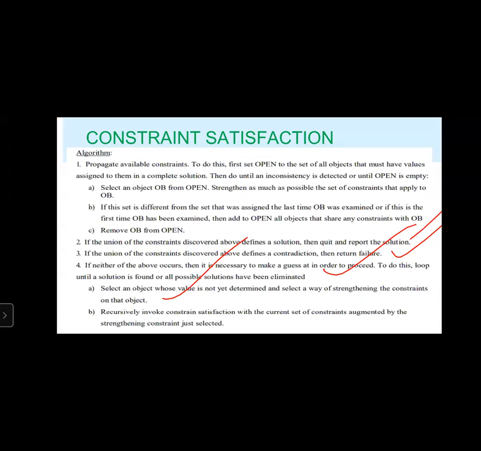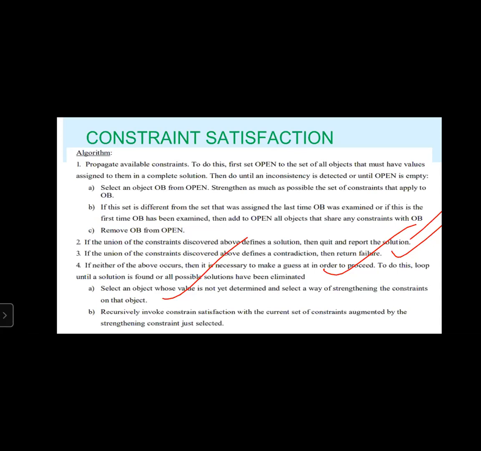If this set is different from the set that was assigned the last time OB was examined, or if this is the first time OB has been examined, then add to open all objects that share any constraint with object OB. Remove object OB from open.